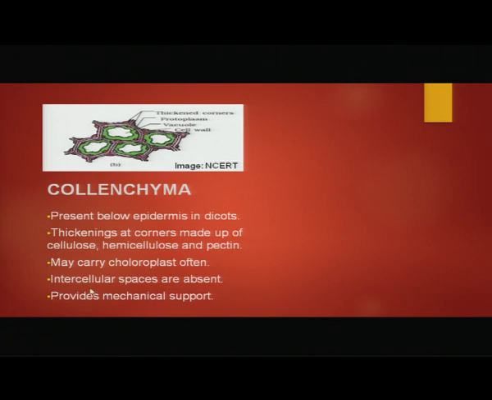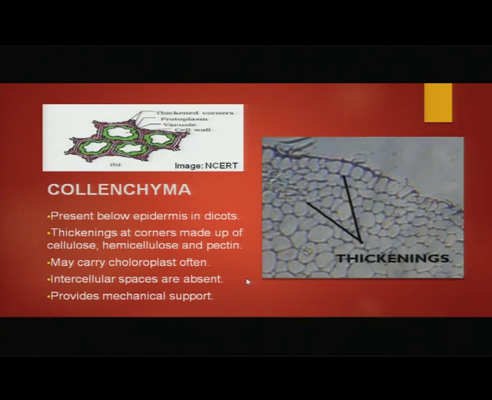Intercellular spaces, however, are absent, and they provide mechanical support. Here in this microscopic image, you can see the hypodermis, and in the cells of the hypodermis at the corners, can you see the thickenings? See here, these are the thickenings that are present in the collenchyma.